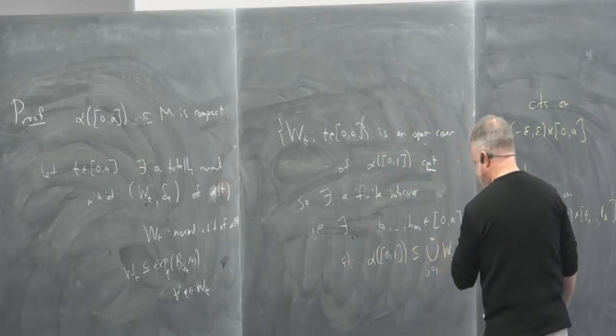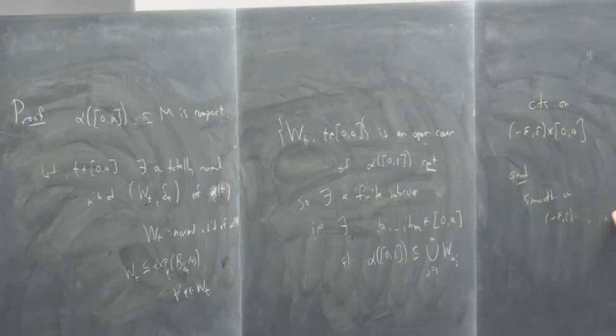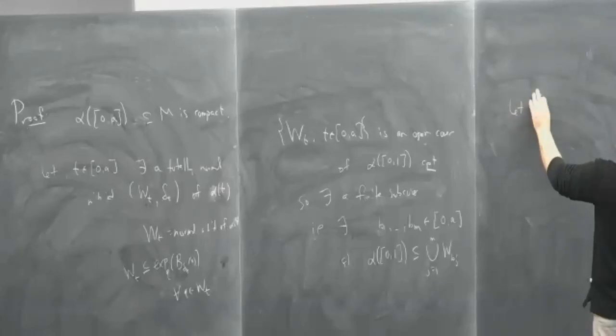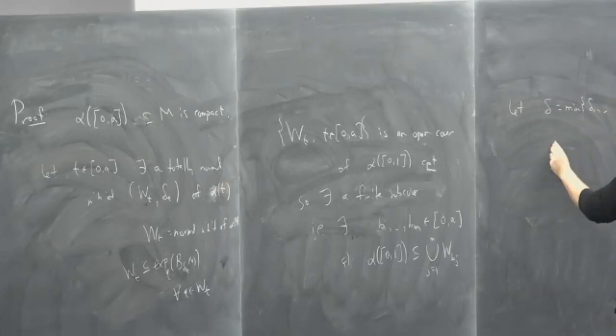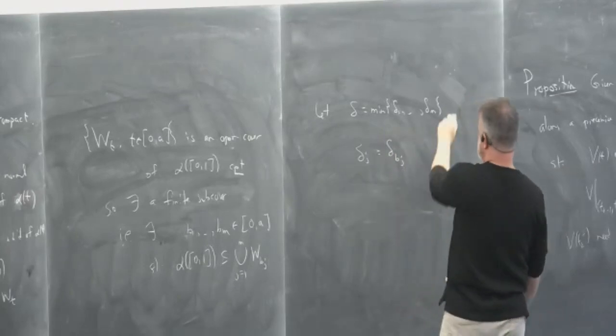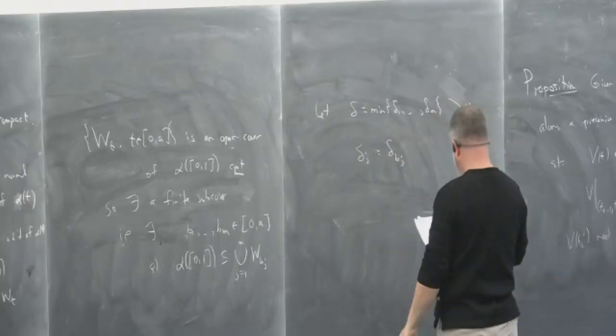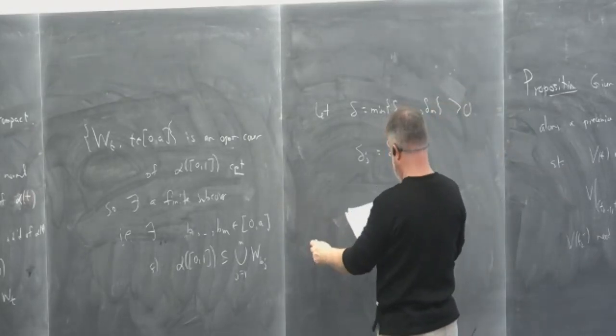And let's let delta be the minimum of delta_1 up to delta_m, where delta_j means delta of b_j. Okay, and this is positive.